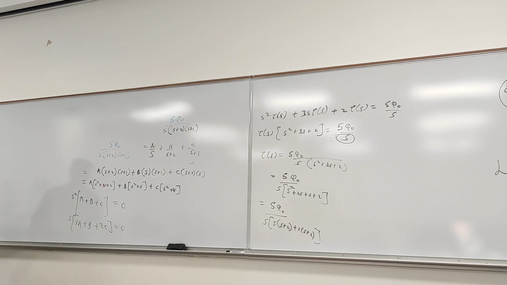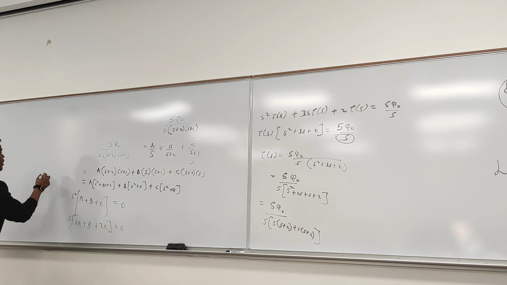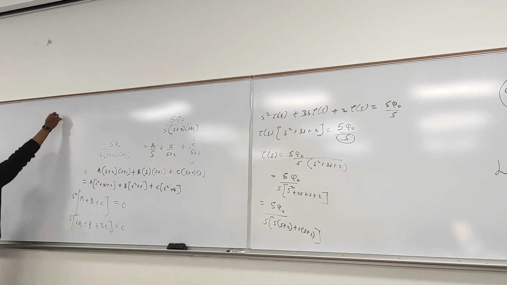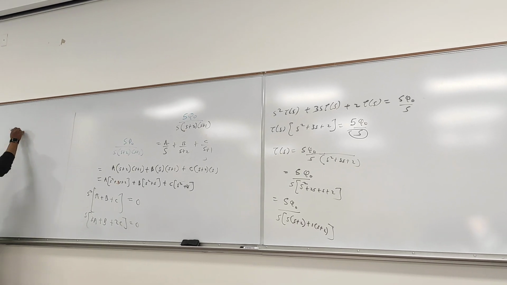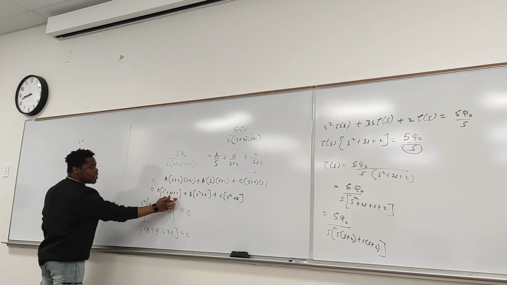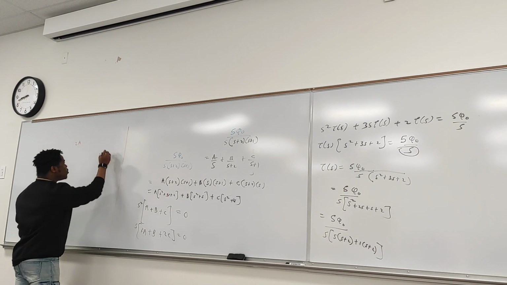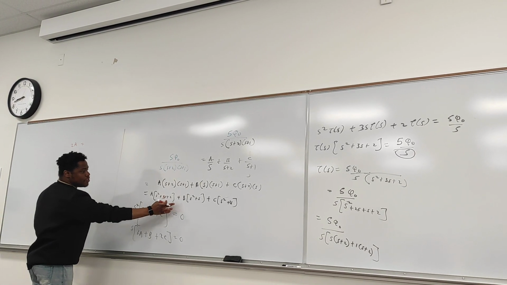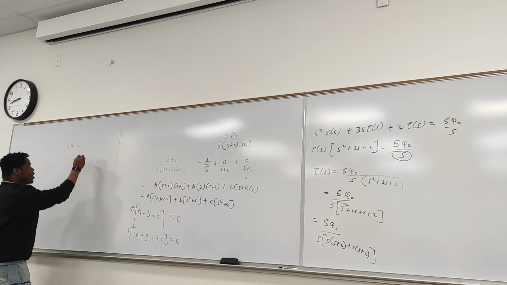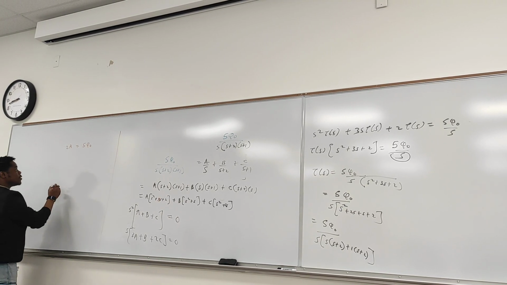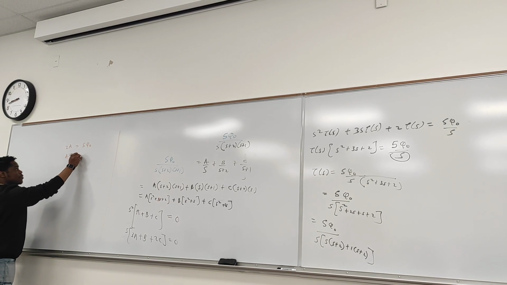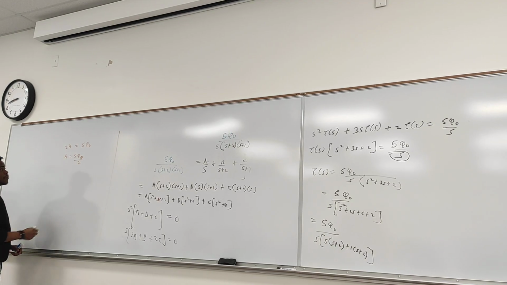Then let's do for the constant. Constant is 2A, which is this one. There is no constant here, so 2A would be 5Q naught. So A is 5Q naught over 2.